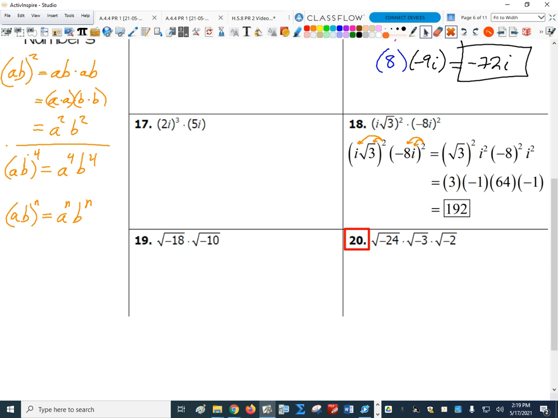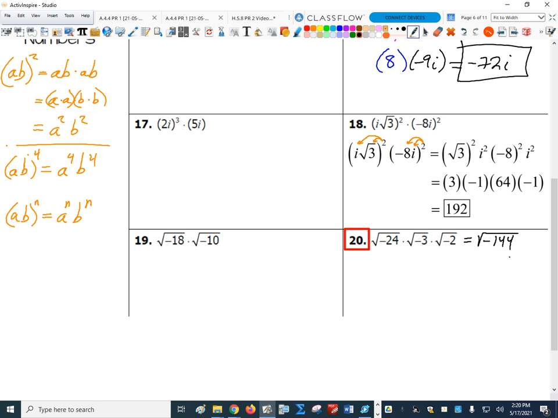Because if I multiply all those together, I'm going to get the square root of negative 144, right? Which is just 12i. Agreed? If I were to try to multiply all three of those numbers together, I would get negative 144, right?